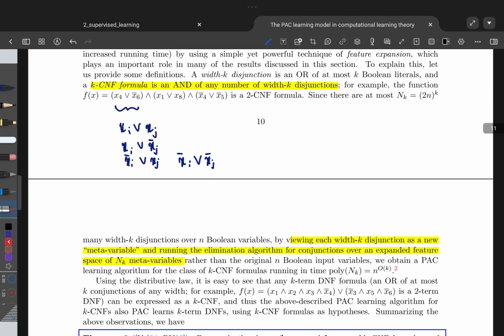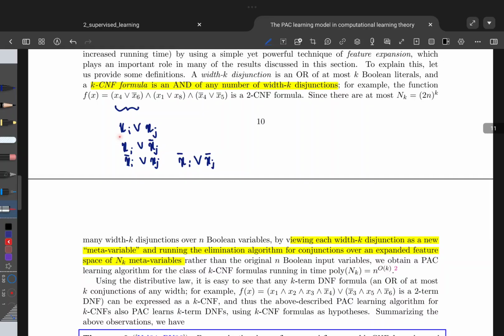Actually, you don't have 2n ways for the second, you have 2 times n minus 1 ways, because once you choose a variable for one, you choose a different variable for the second. All right. Fine. So the total number of such functions I can generate is at most 2n squared, because basically I pick an i, I pick a j. The only flexibility is in picking an i, picking a j, and whether it's complemented or uncomplemented.